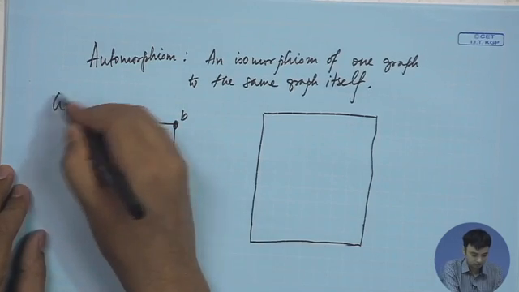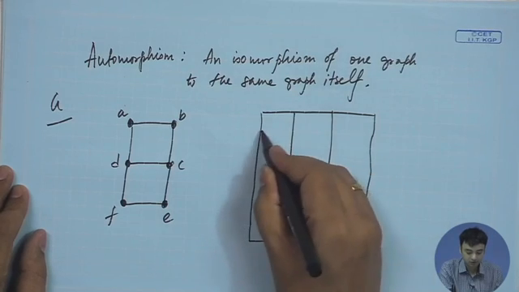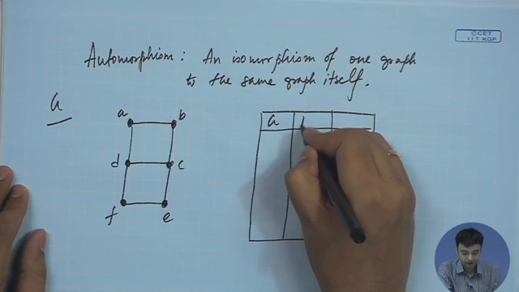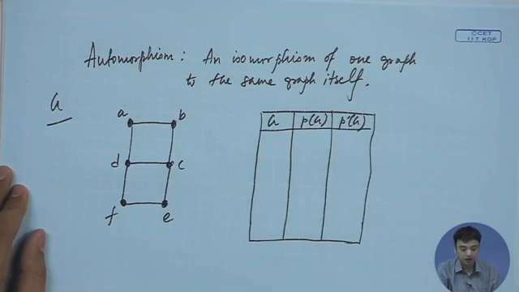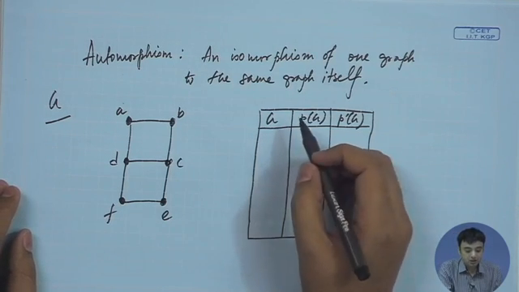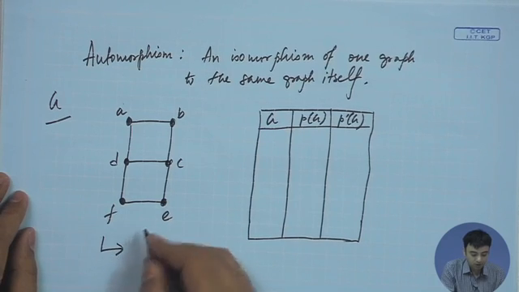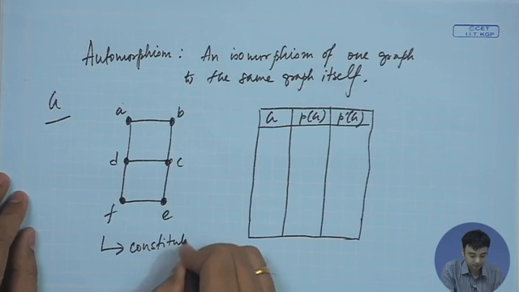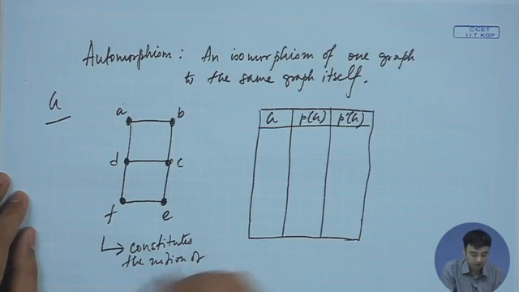We can have various forms of automorphic mappings here, at least two that we can immediately find: P(G) is our first kind, and P prime G is another kind of automorphism. Remember, automorphism constitutes the notion of symmetry in a graph.